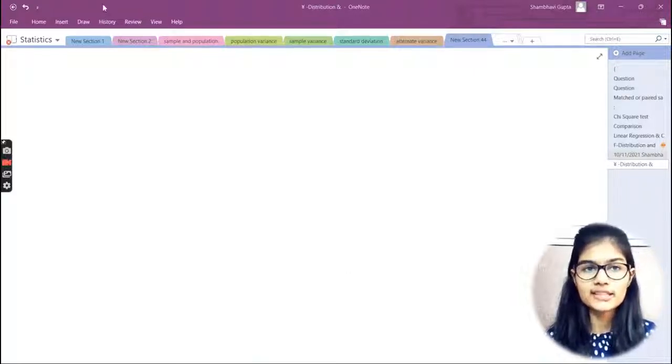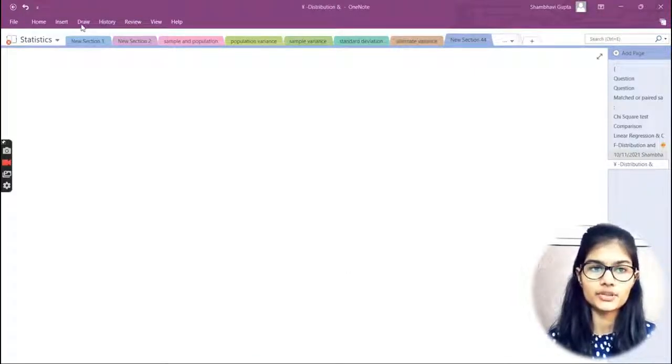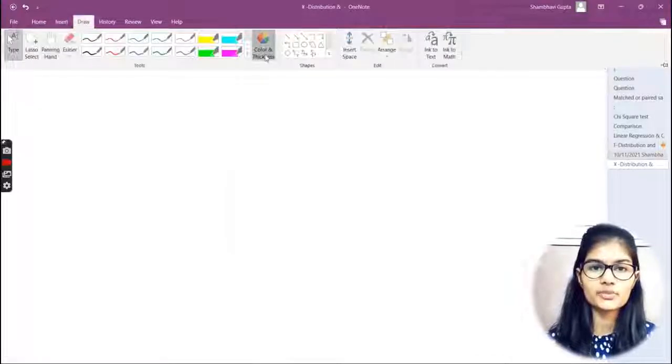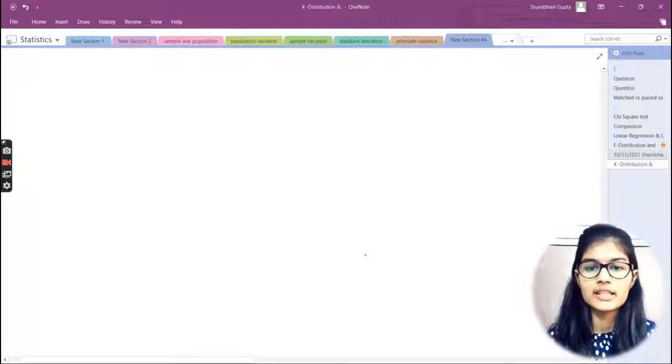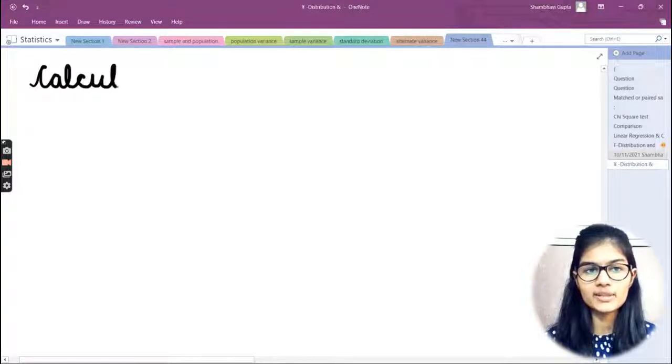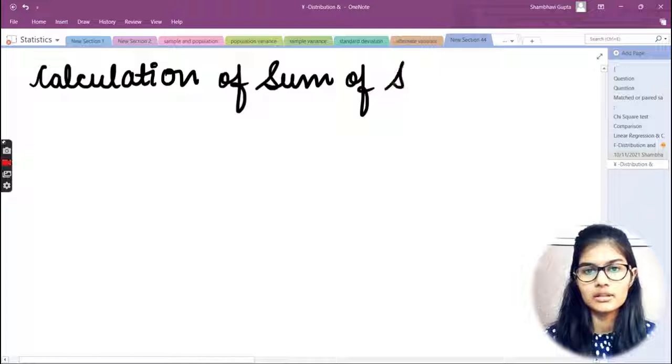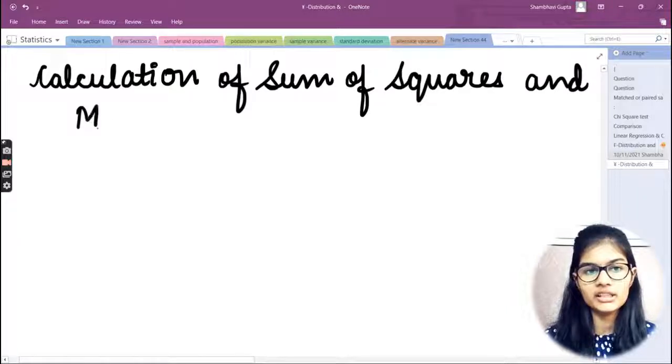As we already discussed the mean of squares and sum of squares, and we are familiar with them, now I'll be discussing one of the very important topics today, and that is the calculation of sum of squares and mean squares.